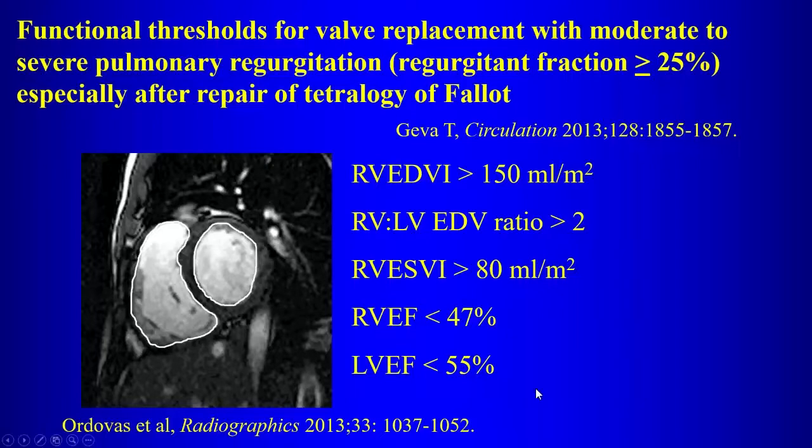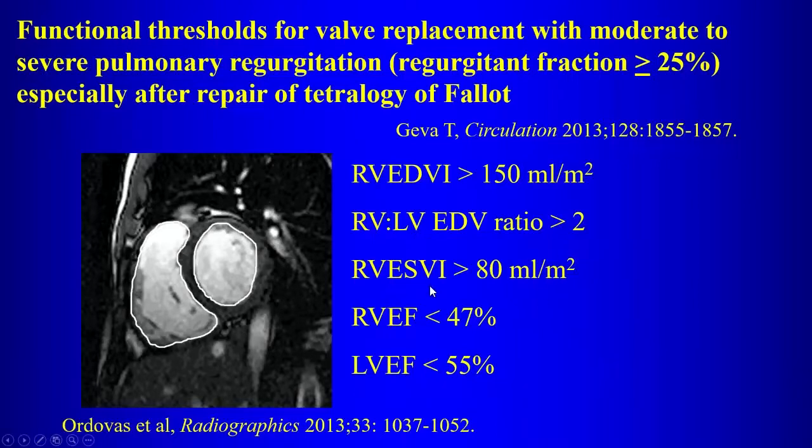Not that I expect you to memorize the numbers, but for patients who've had surgery for tetralogy of Fallot and who have developed severe pulmonary regurgitation, there are criteria they will use in adult patients to replace the pulmonic valve.